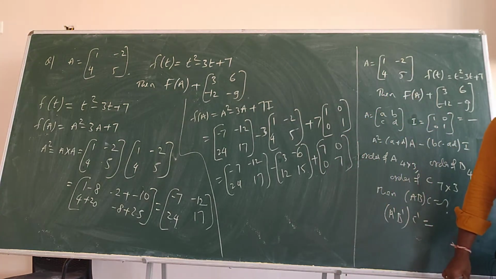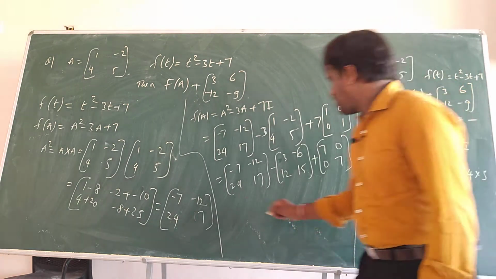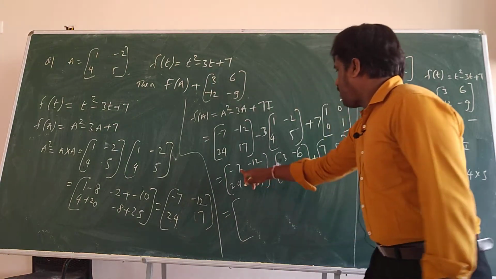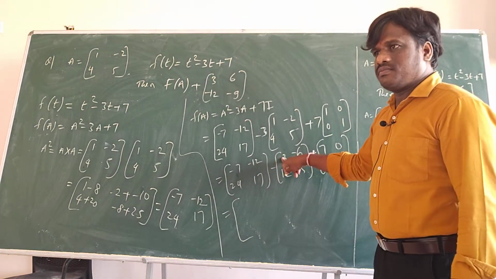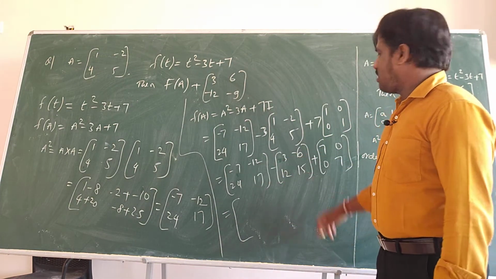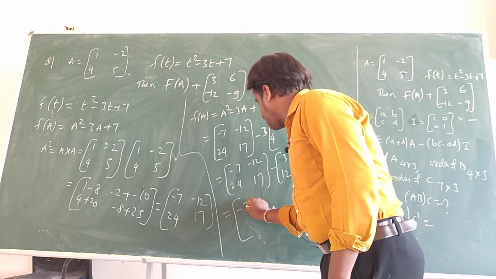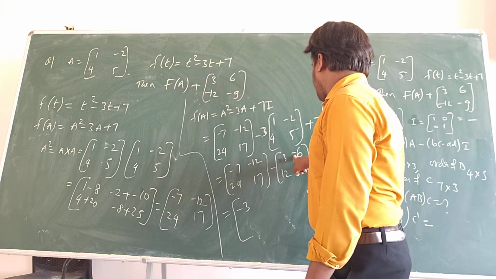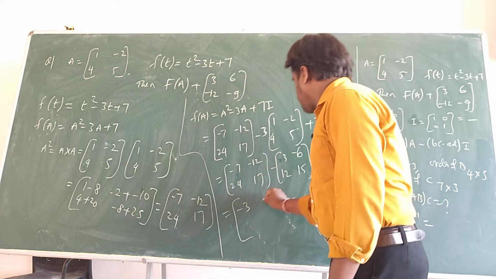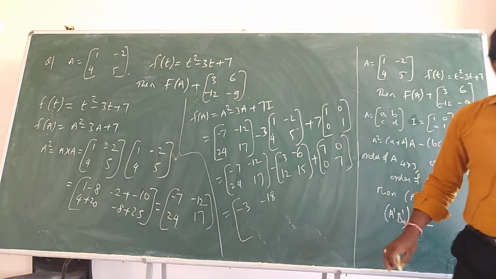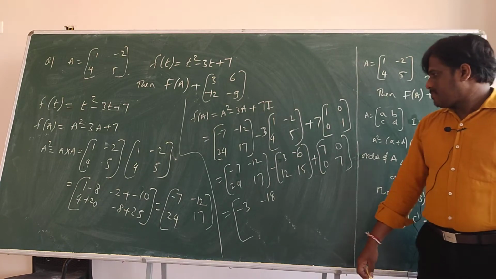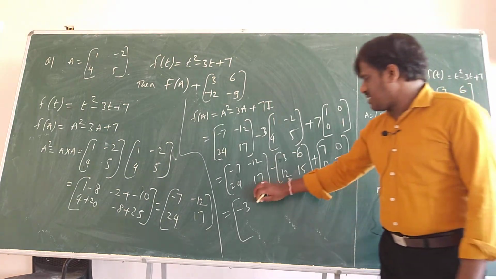Understood? So this is equal to minus 7 minus 3 minus 10, minus 10 plus 7 minus 3, minus 12 minus 6 minus 18. Right? Getting it? Minus 12 plus 6.